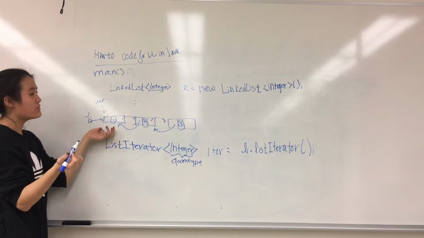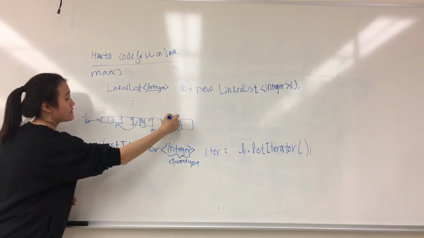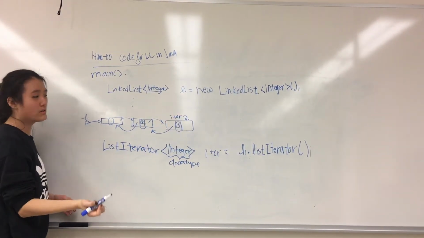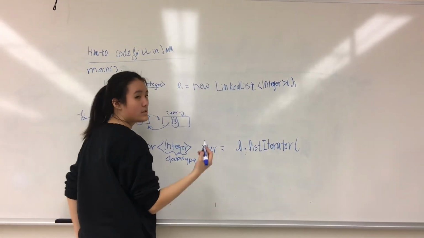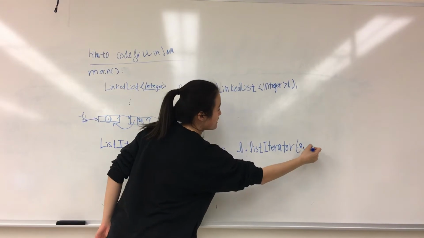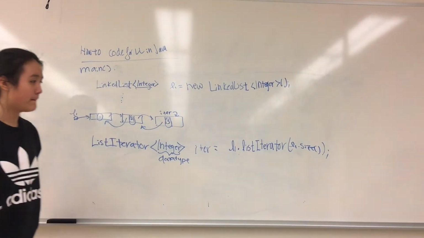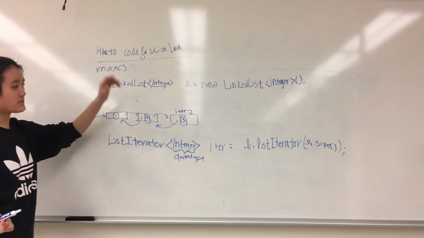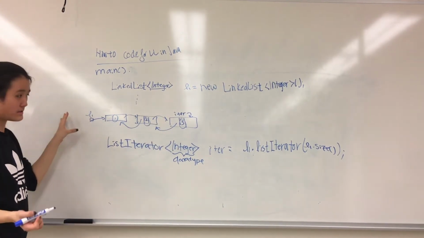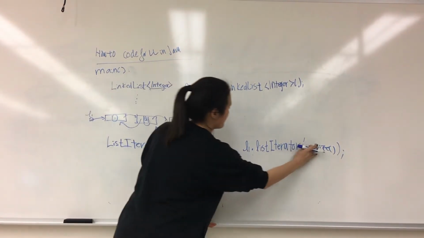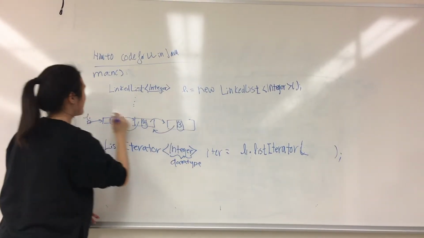If you wanted iter to point to the last node, inside the parentheses you would put the size of L1, so you would say L1.size(). And this essentially is going to have iter point to the last node of the entire list. But we're not going to do that. We're just going to start from the beginning, so let's just keep it like this. So now we have iter pointing here.